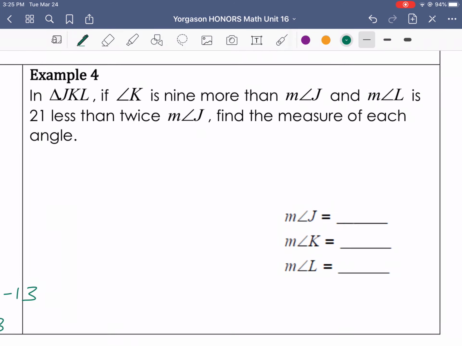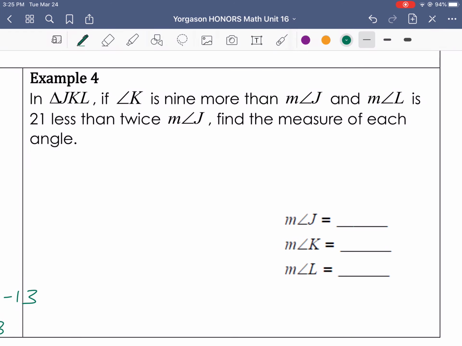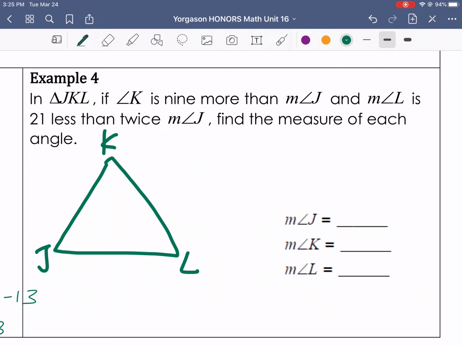Now they throw in a little bit of math language for us to figure out the problem. So this is good stuff. It says, in triangle JKL, so it may be a good idea to draw a picture of your triangle. One of the vertices is J, one is K, one is L. Okay.